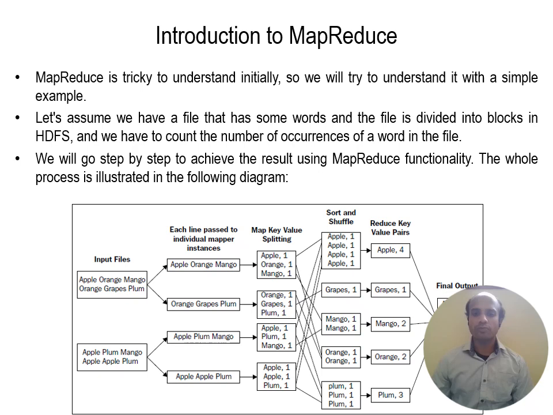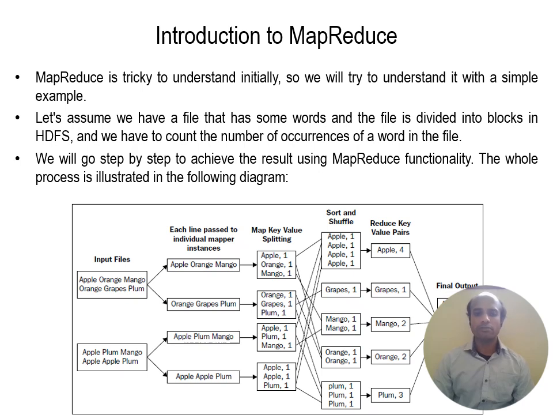Let's assume we have a file that has some words, and the file is divided into blocks in the Hadoop Distributed File System. We have to count the number of occurrences of a word in the file. We will go step by step to achieve the result using MapReduce. The whole process is illustrated in this diagram.